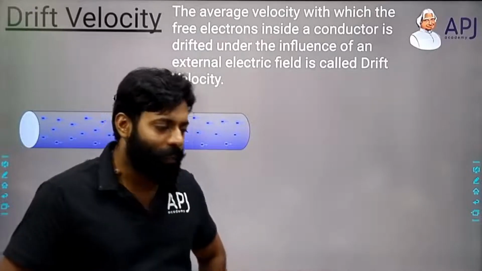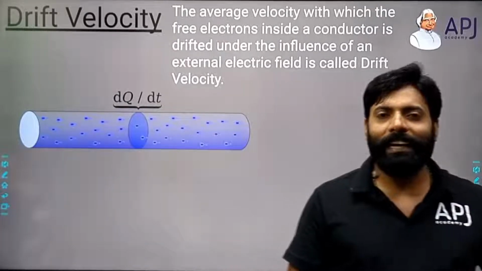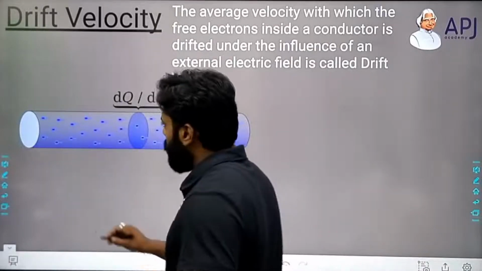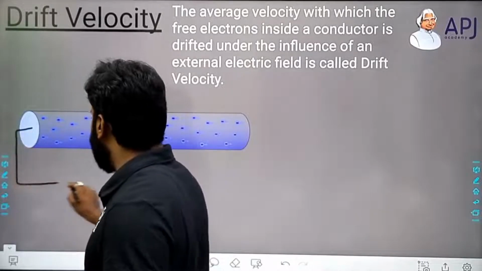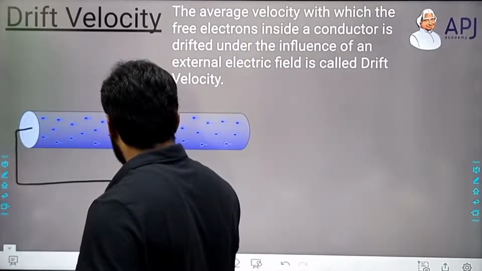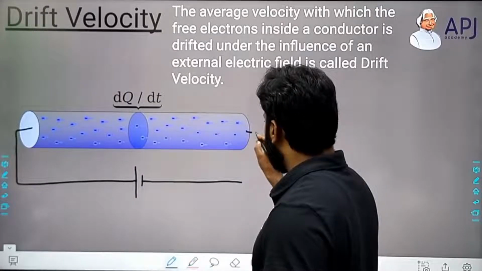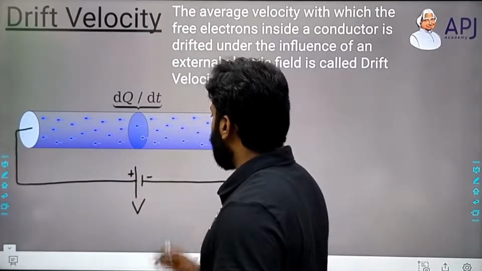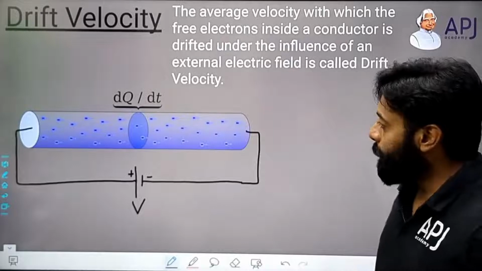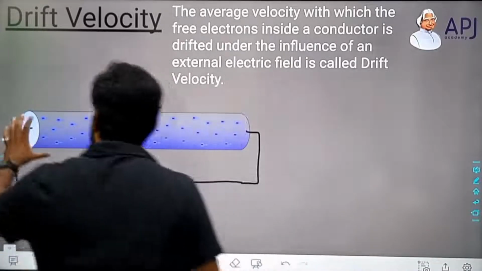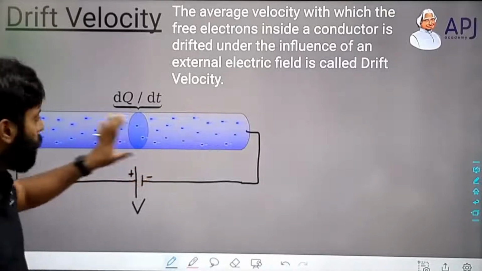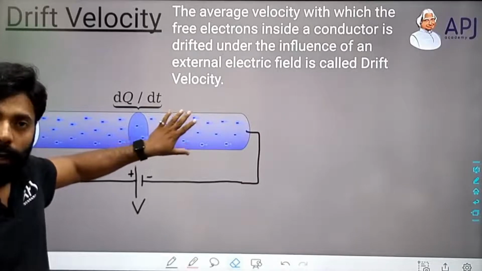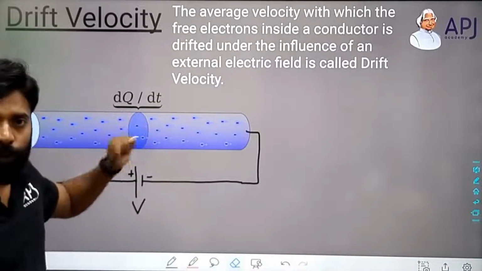If someone asks you what is drift velocity, then you can say that whenever we are providing a potential difference across a conductor, there will be an electrical field set up inside the conductor, and due to that these electrons will experience a force.